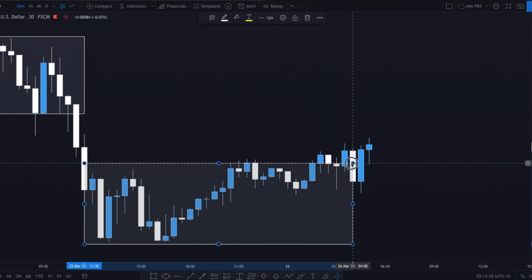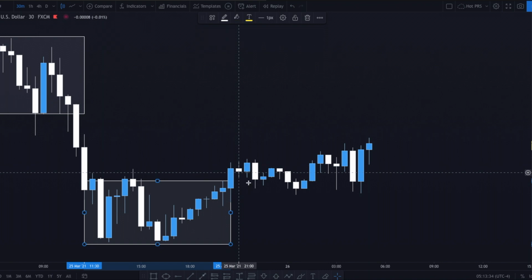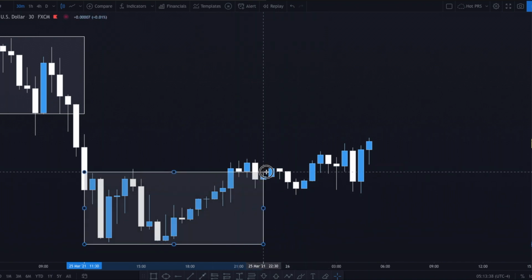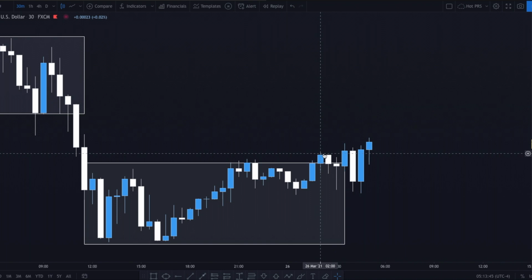So remember guys, price was in this zone right here. Price started to move sideways again. We increased the size of the zone and pulled it across, and we noticed that price closed above, came back, wicked in, still closed above the zone.